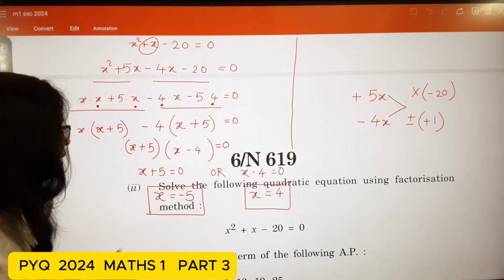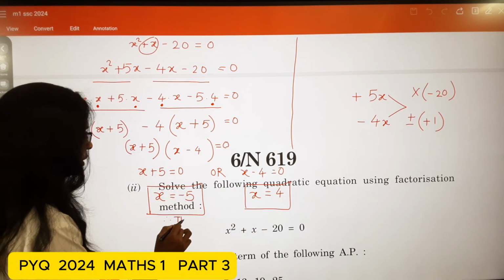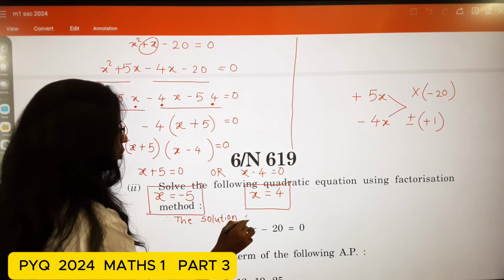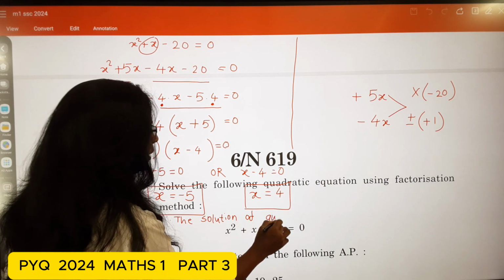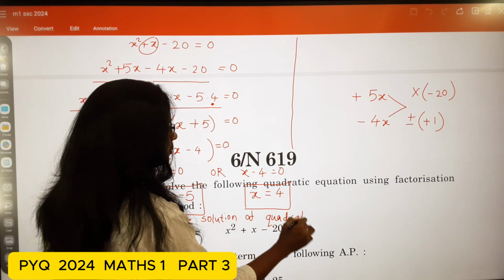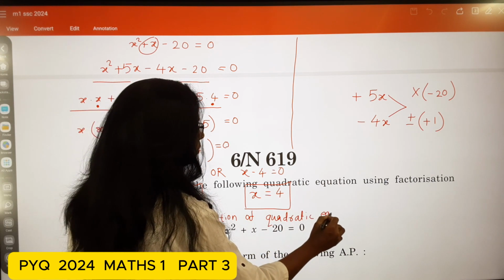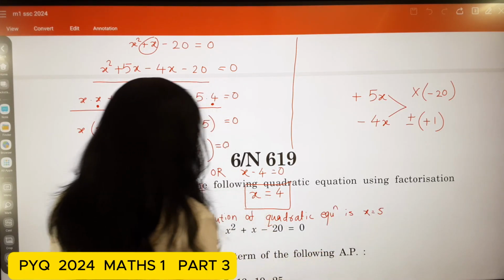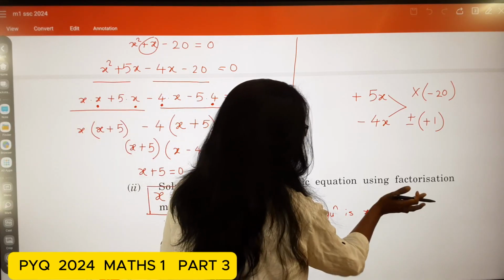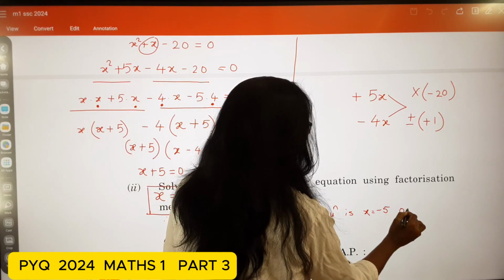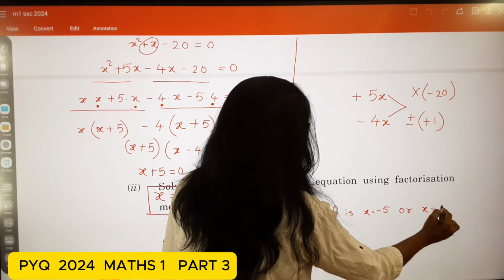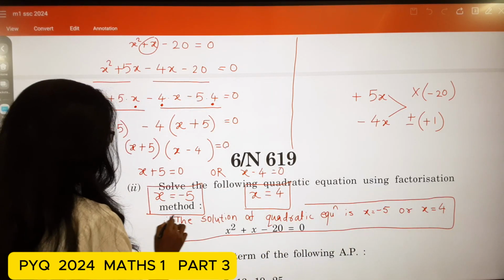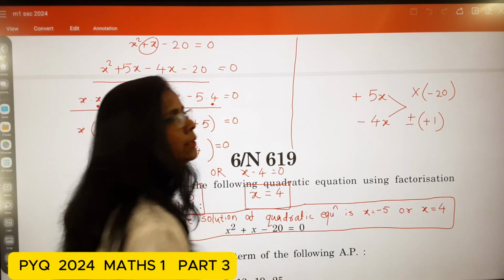Okay, so finally we write the solution of the quadratic equation: x is equal to minus 5, or x is equal to 4. This would be our final answer.